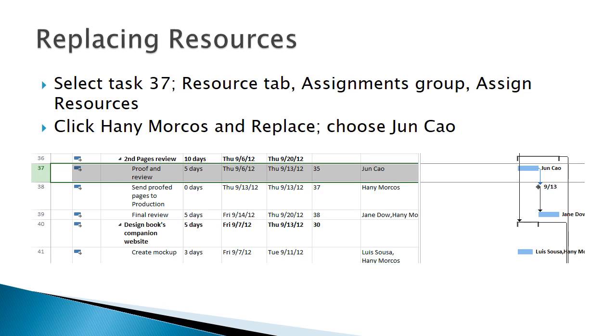Looking at Haney's assignment, we see her cost for task 37 is $1,550. Replacing her with Jun, a less experienced resource that would still be able to successfully complete the task, reduces the cost to $880, a cost savings of $670.